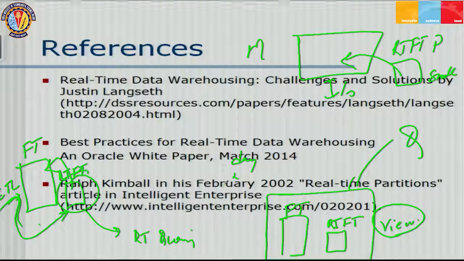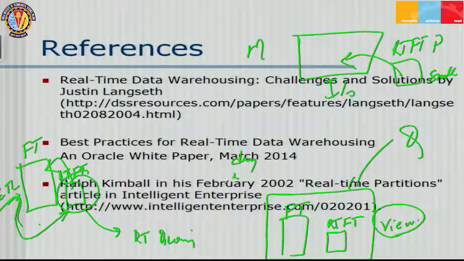I hope that you have understood the need for real-time data warehousing and the kind of challenges it poses, and how this simple solution of having a separate real-time fact table partition helps, and also this concept of type 1 changes being incorporated through the day on the dimension tables, so that also helps in having fresh dimension records in the star schema.